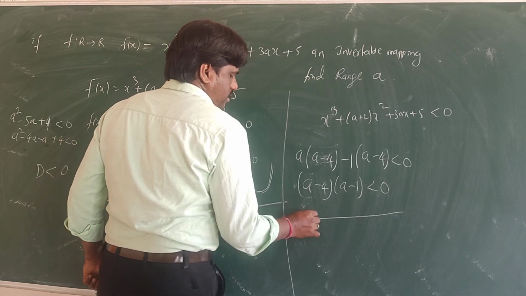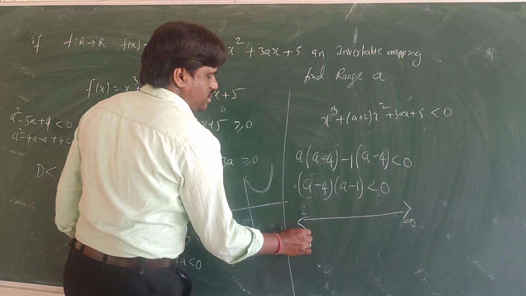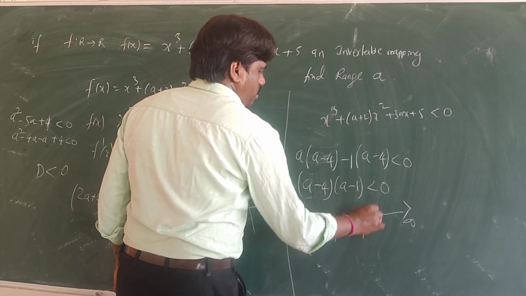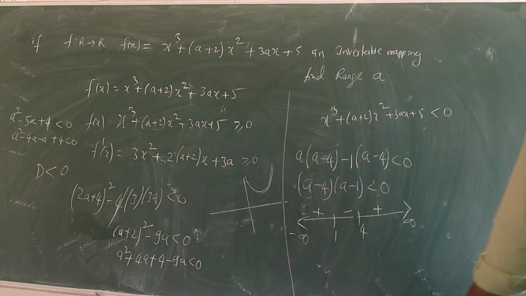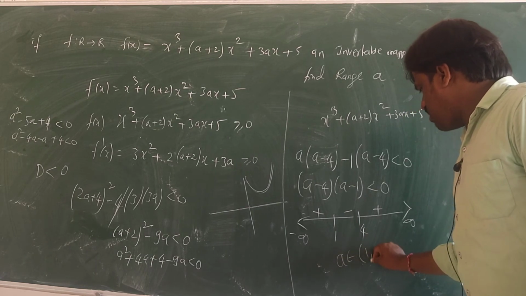Taking on the number line, minus infinity to infinity, points 1 and 4, with signs plus, minus, plus, and less than 0. So a belongs to the open interval 1 comma 4.